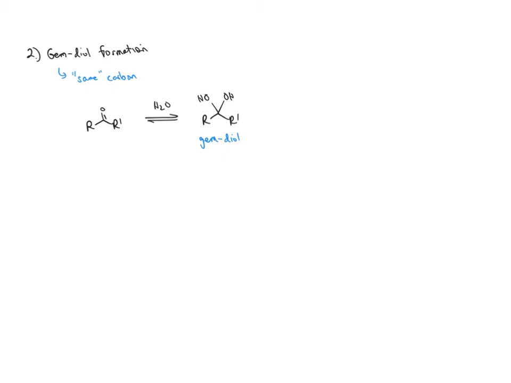Now this is a very slow reaction. It can be accelerated by either acid or base catalysis. It turns out that heat will favor the reverse direction because entropy is going to favor a bimolecular set of products. But there are similar effects on Keq that we had for the cyanohydrins. And so let's take a look at those.